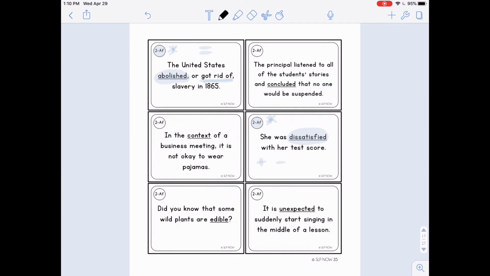If you're satisfied from something, like, oh, I was so satisfied after that meal, then that's a positive thing. But when we add this word at the beginning, dissatisfied, that makes it negative. That makes it the opposite. So if you're dissatisfied with the test score, you are not satisfied. You do not feel happy about it. So that's how we can find the clues from that word.